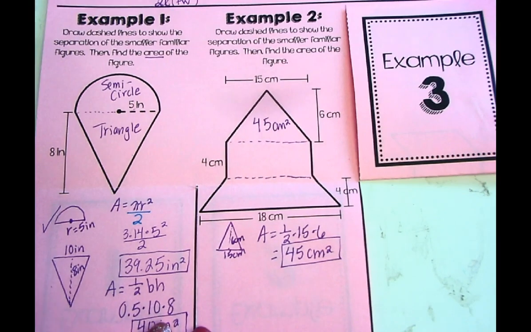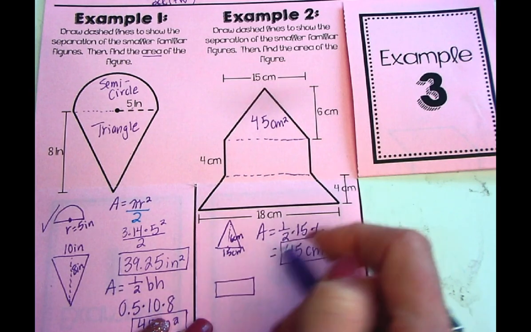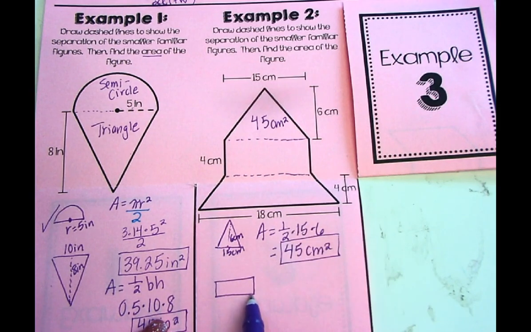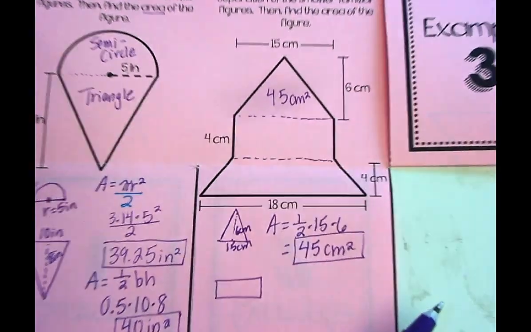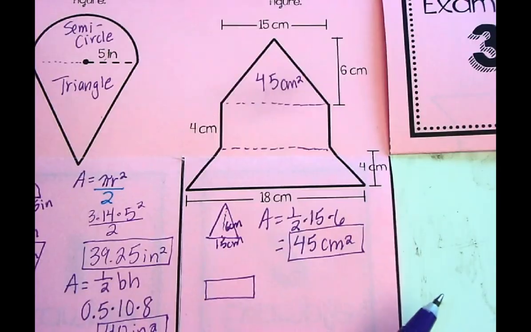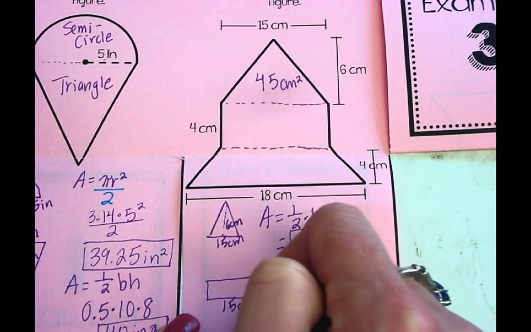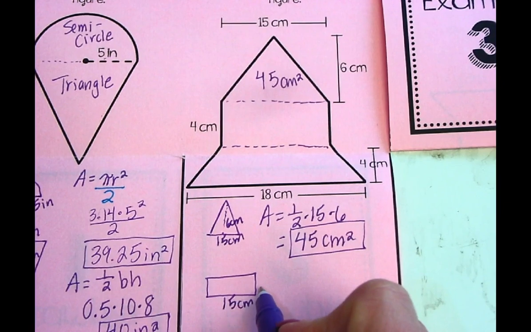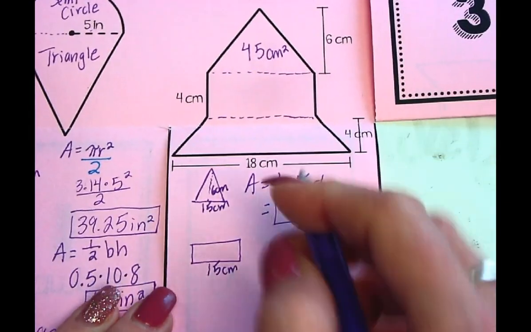So next, let's move on to our rectangle. Rectangle's super easy. Do I know the length of my rectangle? What is it? The length? 15. Do I know the width? 4.